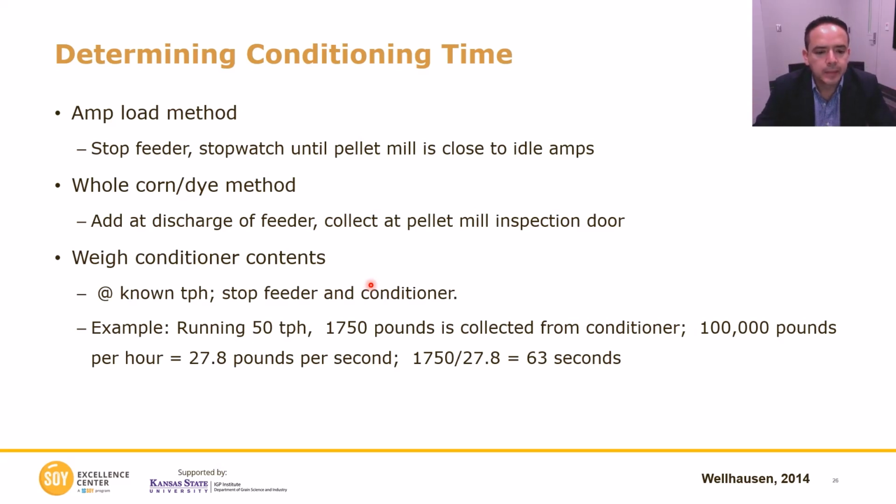The last alternative is to weigh the conditioner contents. To do this, you need to know the tons per hour the pellet mill is running. Then you stop the feeder and the conditioner, so everything stays in the conditioner.